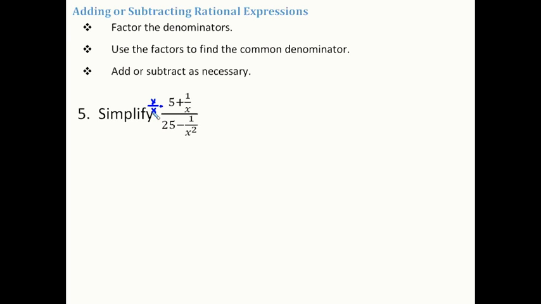And then in the denominator, we have a denominator x squared. So this 25 needs an x squared in the denominator. So we're going to multiply by x squared over x squared. That leaves us with a 5x plus 1 over our common denominator of x in the numerator.